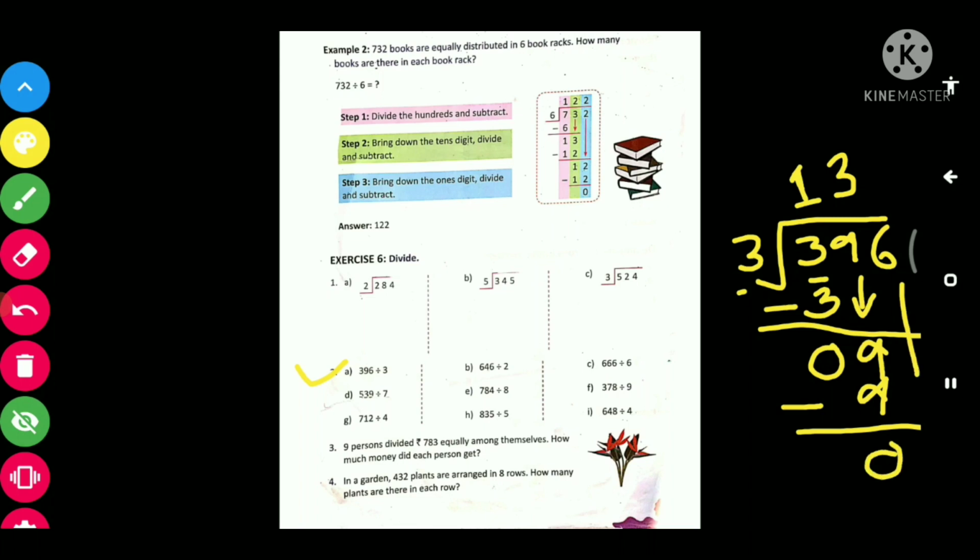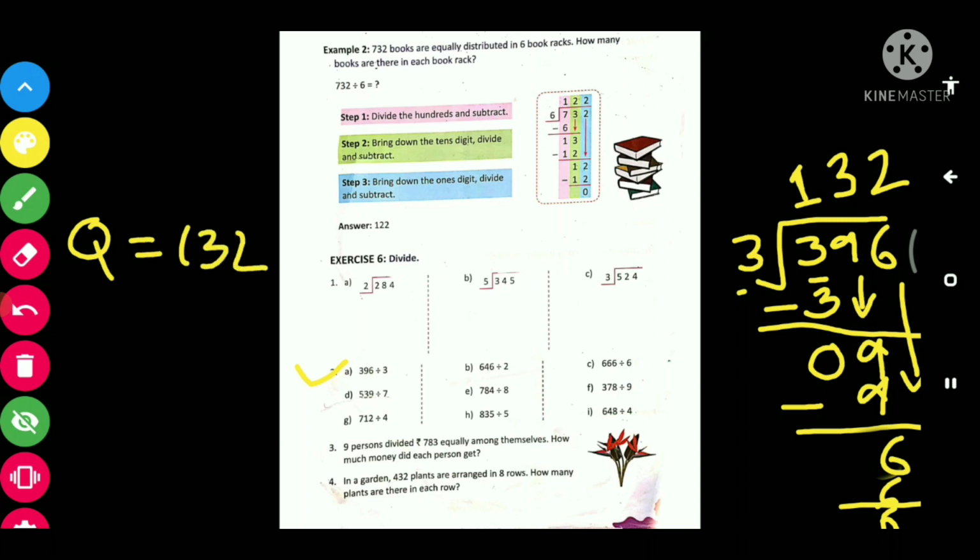Now this 6 will drop here. So 6 will be here, right? Now 3 2s are 6. We know this one, right? So 6 minus 6 will be 0. So our quotient will be 132, and our remainder will be 0. Okay.